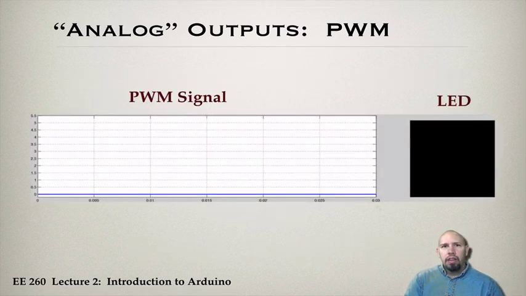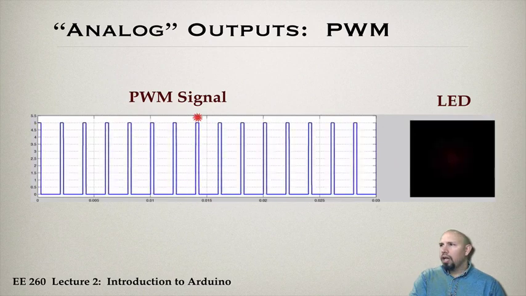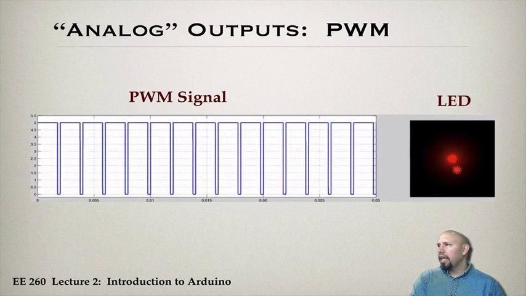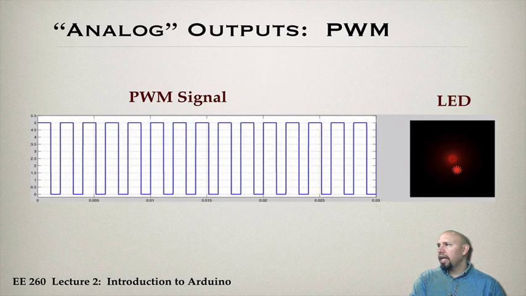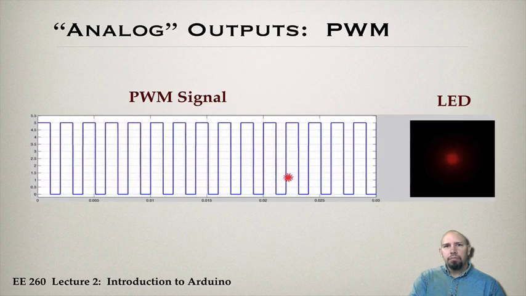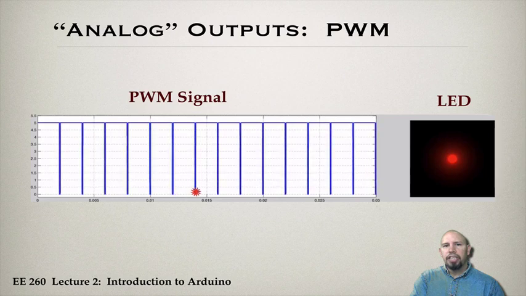Here's a video that kind of illustrates pulse width modulation. Over here, we have a plot of the pulse width modulated signal, and over here we would have, for example, an LED that's driven by a pulse width modulated signal. Okay, and so you can see how the pulse width modulation, notice we're increasing the duty cycle.